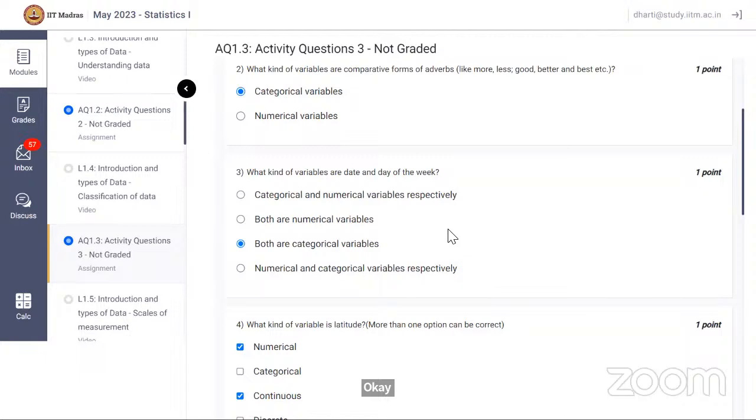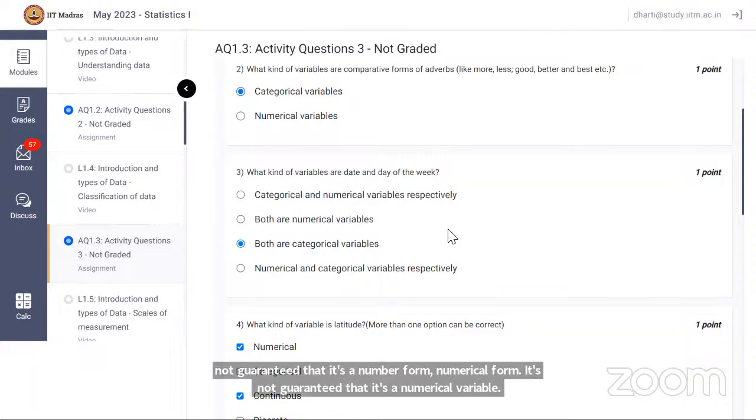For example, jersey number, Aadhaar number, mobile number. It has no meaning. Even though the data seems to be numerical because it's in numerical form, it's not guaranteed that it's a numerical variable. Are you getting my point? Yes, ma'am. Okay, fine.